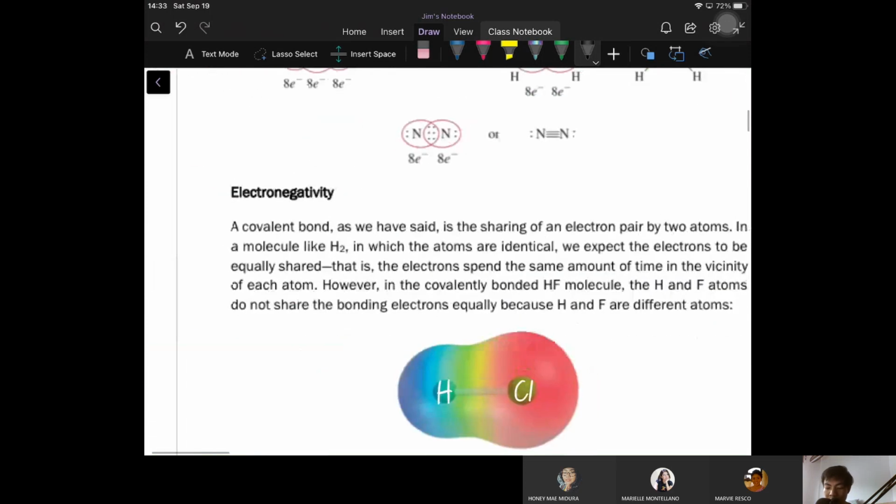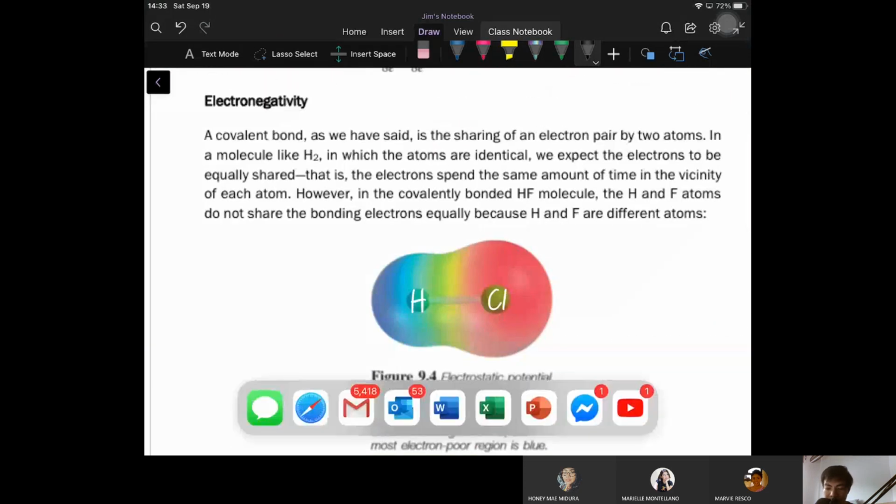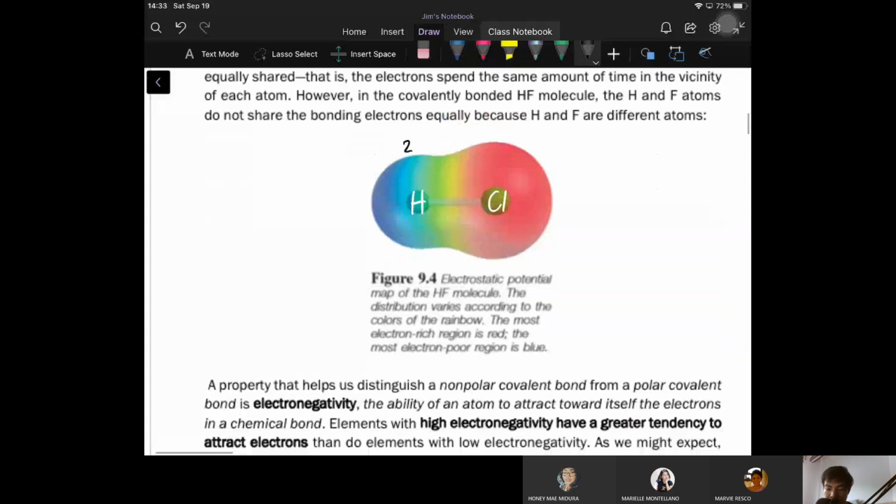So tignan natin si chlorine. 3.0 dito. Tapos si hydrogen 2.1. So sulat ko yan dito. Hydrogen is 2.1. Chlorine is 3.0. Okay. So what will happen? So what we know is that chlorine is more electronegative than hydrogen. Ibig sabihin, si chlorine, mas malakas ang hila niya sa electron kaysa kay hydrogen. No? So it will pull more electrons than hydrogen.